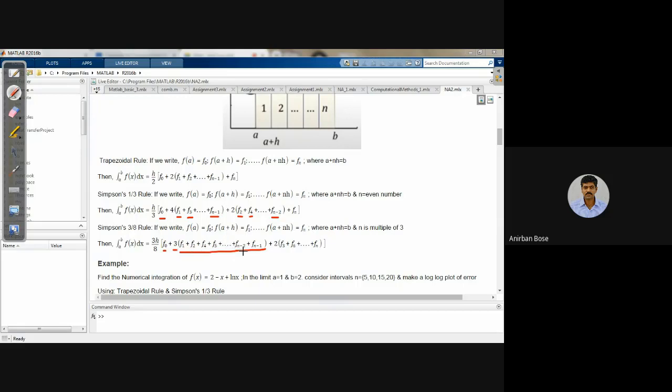So 3 into these terms, and those which are missing, that is f3, f6, will be added and multiplied by 2. This is the pattern you will finally end up with in case of Simpson's 3/8 rule. But the direct formula you can remember and definitely use.